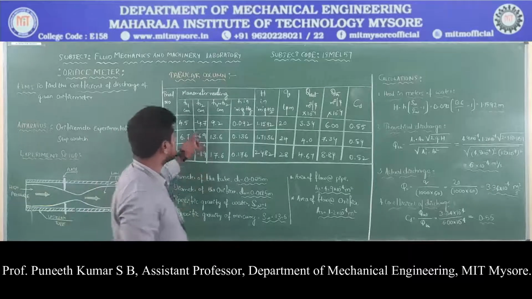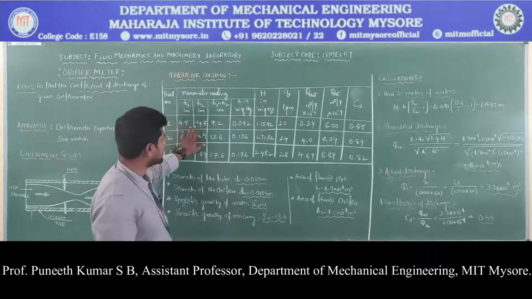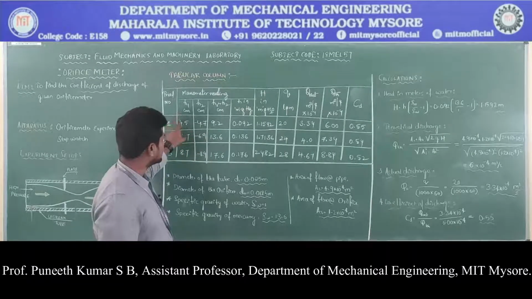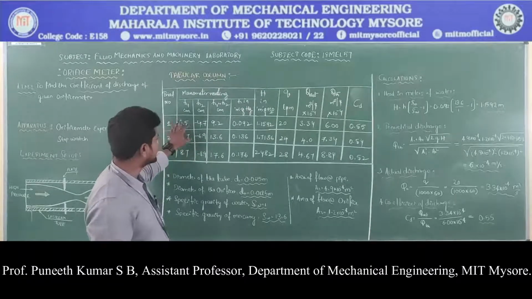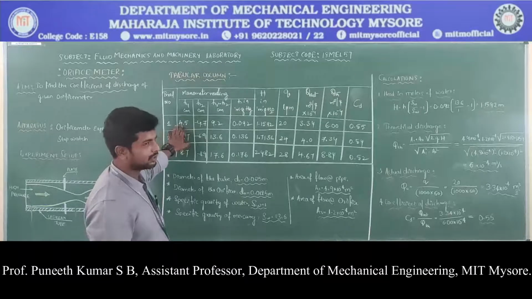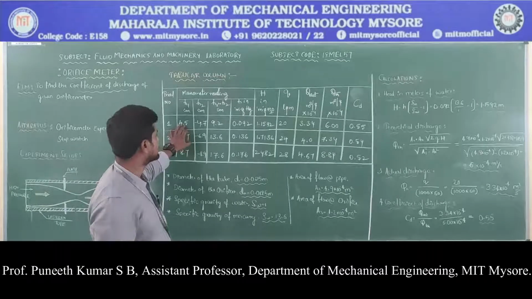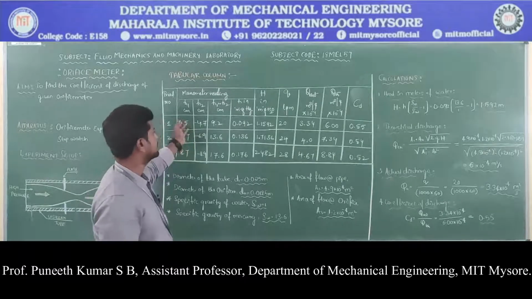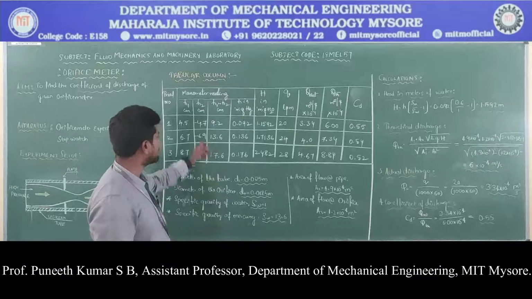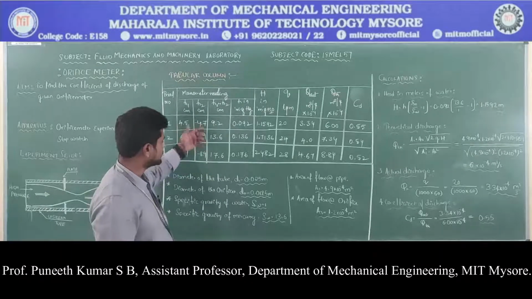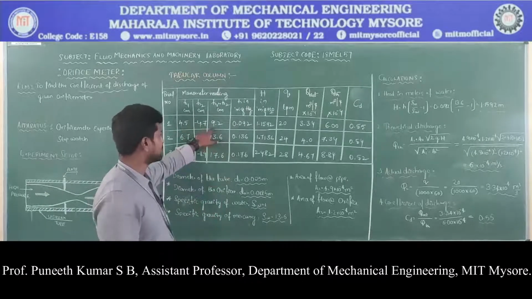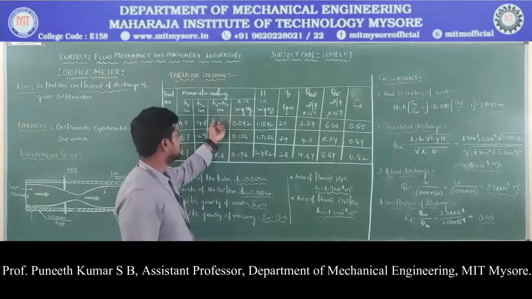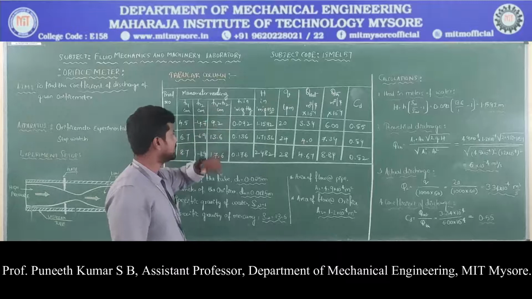So this is all in terms of centimeters. On the first trial, on the left side limb of the U-tube manometer, we got 4.5 centimeters, which has got raised, and on the other side we got minus 4.7. So the net effective difference came out to be 9.2 centimeters.